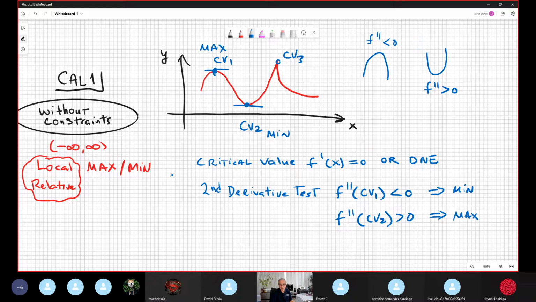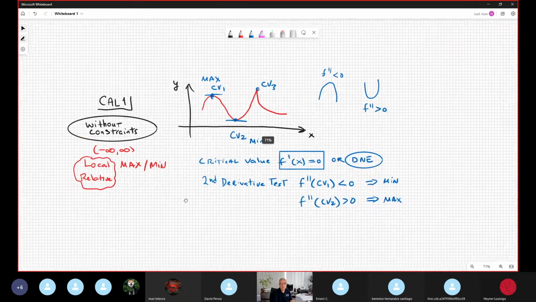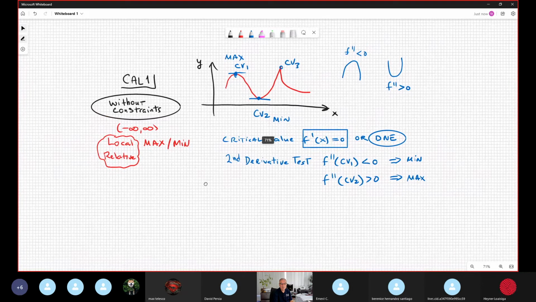What is important for us is to know when the derivative does not exist and when the derivative is 0. Cool? Do you understand this idea? You remember this very well, right? Yes. But I want to complement the idea.